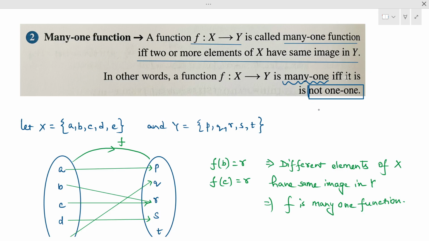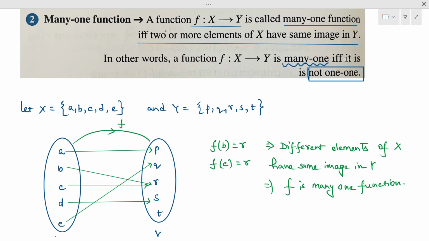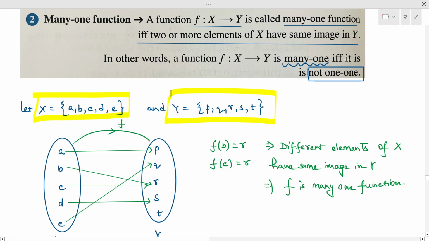For example, here we have considered two sets x and y, and made the arrow diagram. a maps to p, b maps to r, c maps to r.